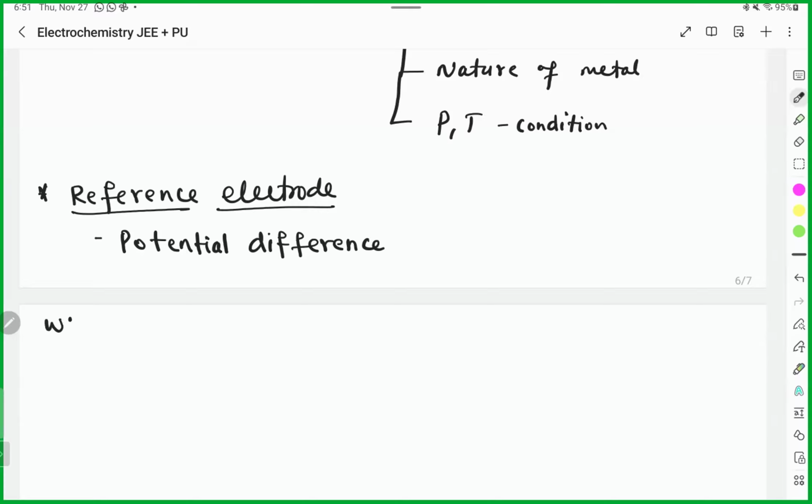For example, when it acts as anode, what is the meaning of anode? It depends which cell we are talking about, whether it is an electrolytic cell or an electrochemical cell. In case of an electrochemical cell, what is anode, Samarth?